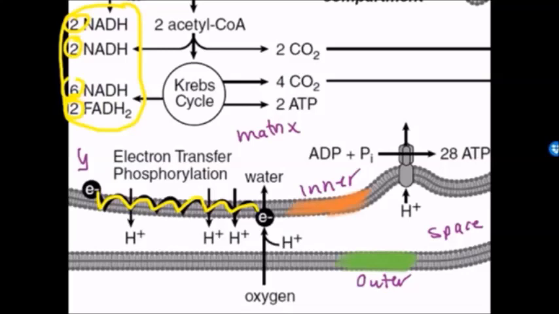Just like we saw in the light reactions of photosynthesis, an electron transport system is going to harness the energy of falling electrons. So as these electrons are moving down the electron transport system, hydrogen ions are going to be pumped across our inner membrane, and we're going to have a high concentration of hydrogen ions located in this intermembrane space.